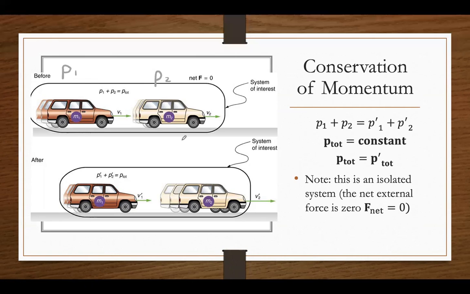We're going to call that P2. Okay, and they're traveling along. If I want to know the total momentum of the entire system of interest, I would just add the two together, right? Like this says here.